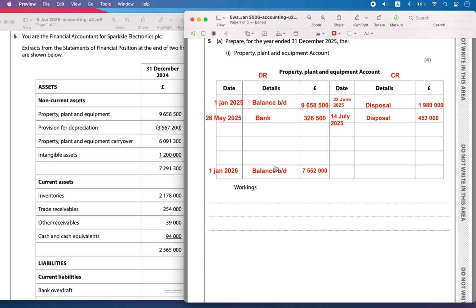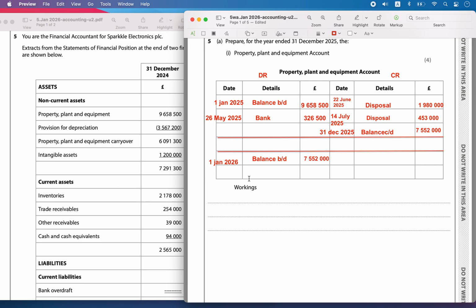Now this will also be the balance carried down as on 31st December 2025, so the value will be the same, 7,552,000.